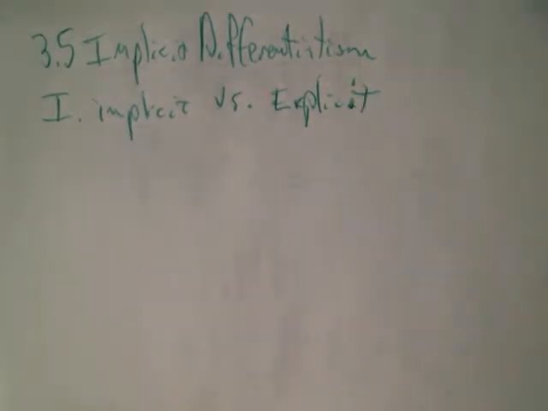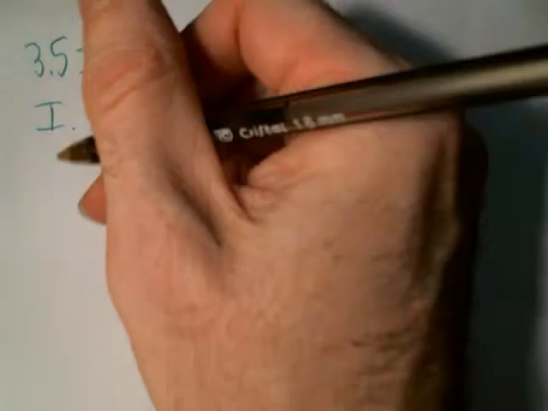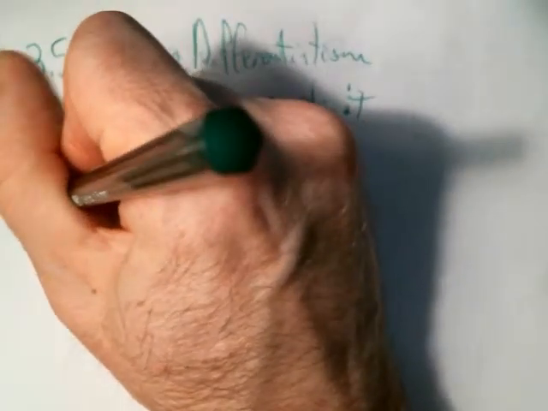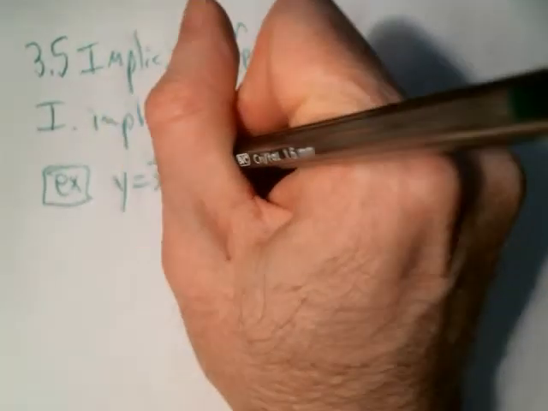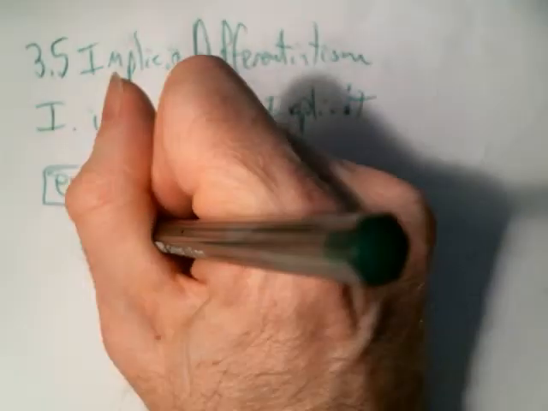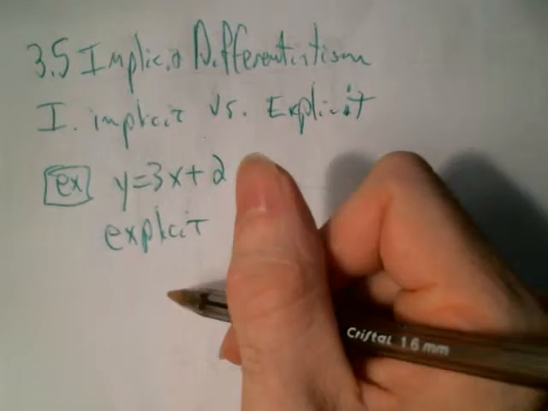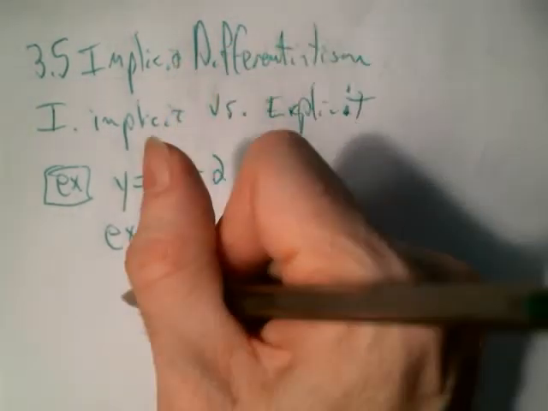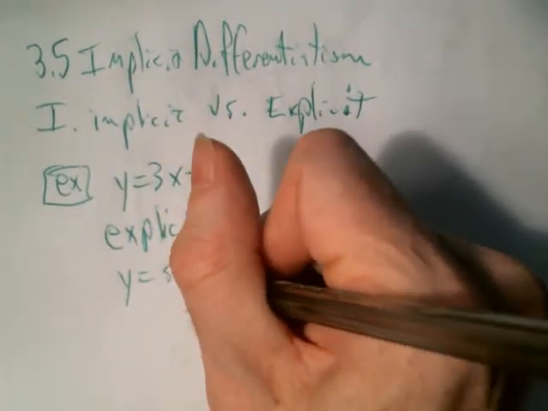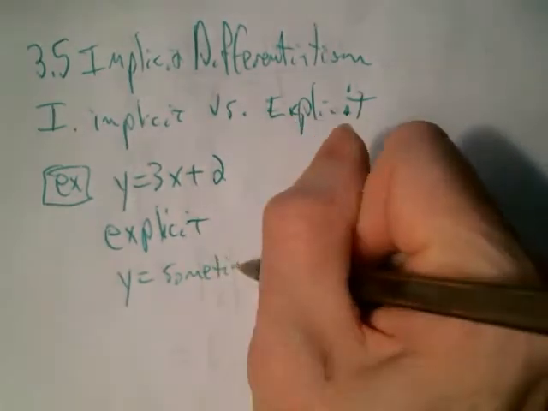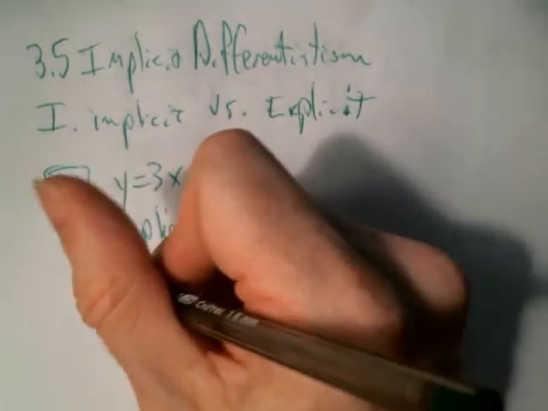Most of the stuff you've dealt with to this point is explicit. For example, something written like y equals 3x plus 2 is explicit. In particular, if you could write it as y equals something, then it is explicit. Okay?